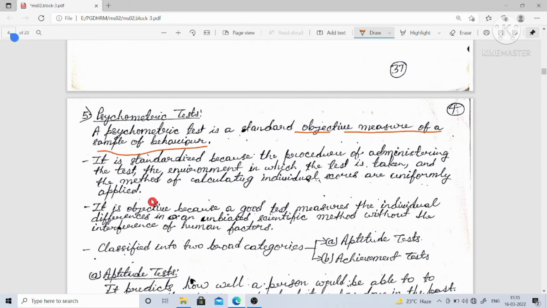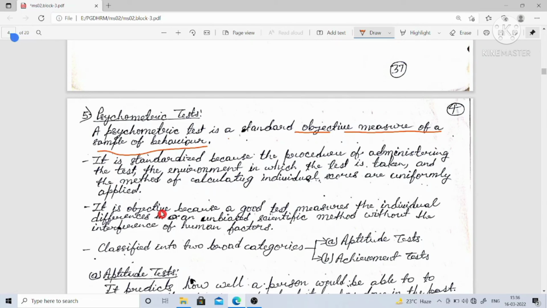It is objective because a good test measures the individual differences in an unbiased scientific method without the interference of human factors. So why is this psychometric test objective?